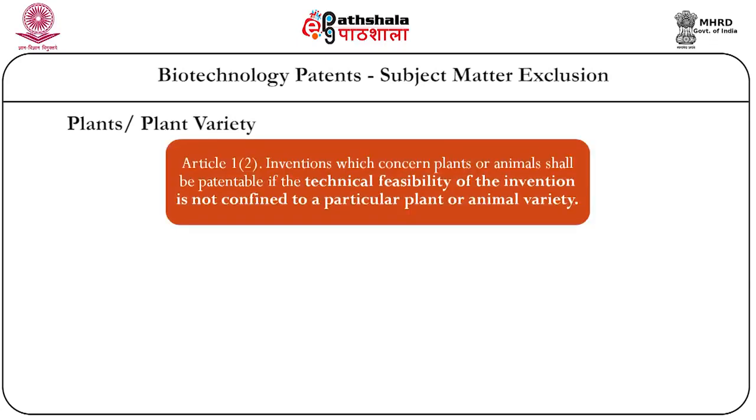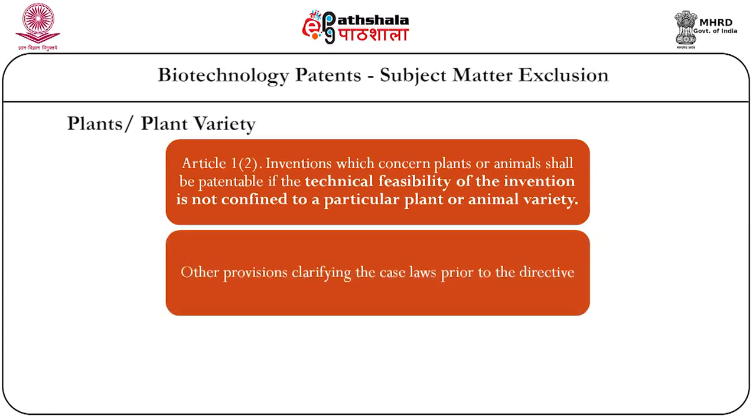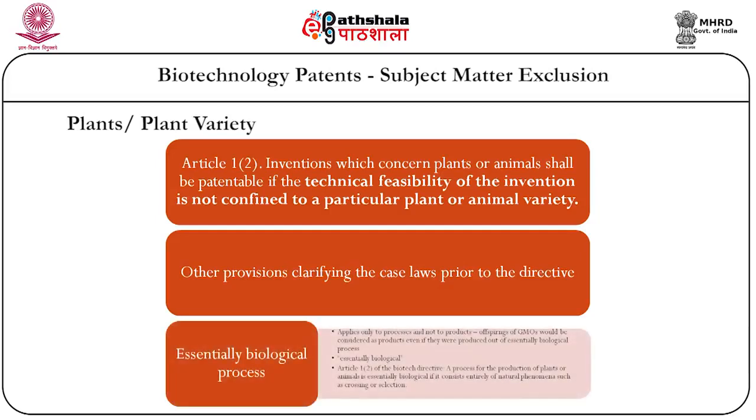Now, Article 4(2) also says that inventions which concern plants or animals shall be patentable if the technical feasibility of the invention is not confined to a particular plant or animal variety. So, there are other provisions that clarify the case laws prior to this directive, and that's the reason why the application was allowed. Now, what are essentially biological processes that are excluded?